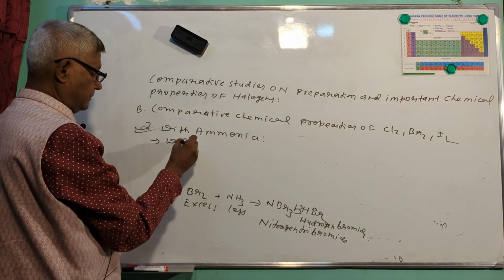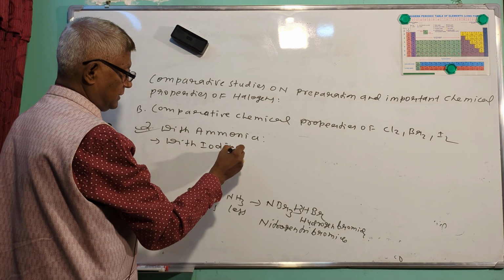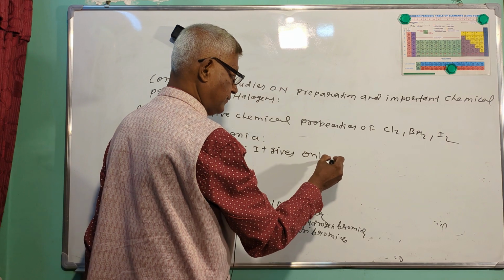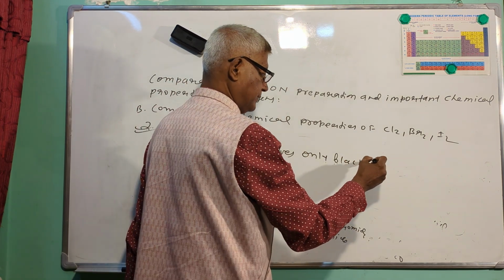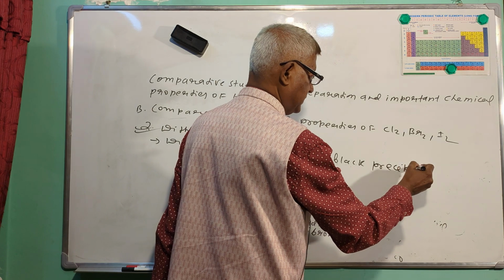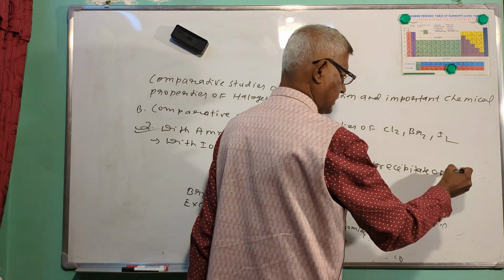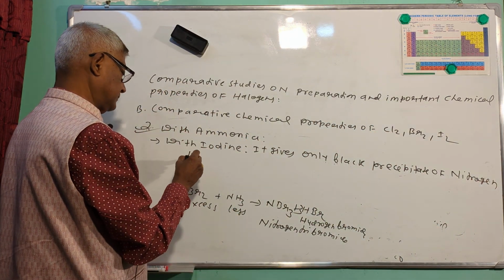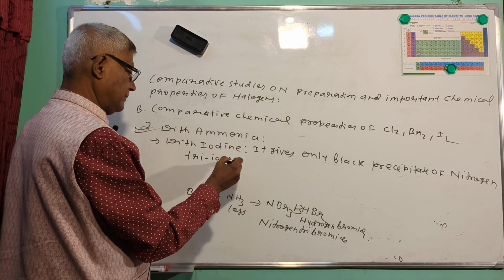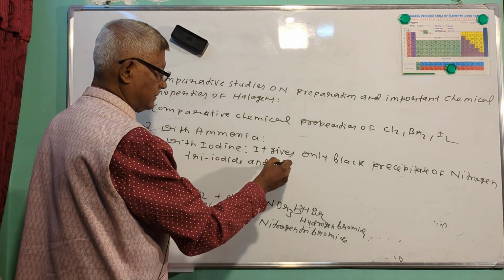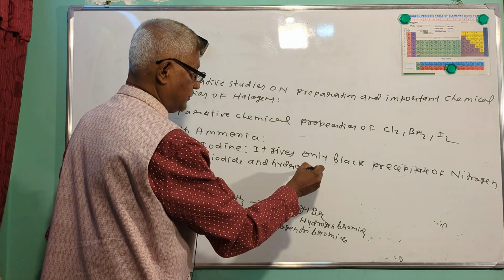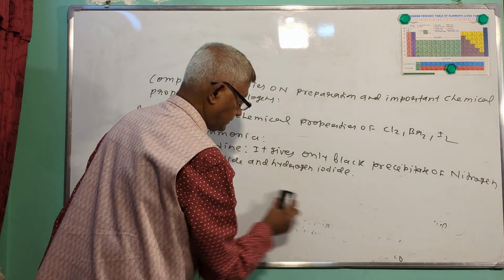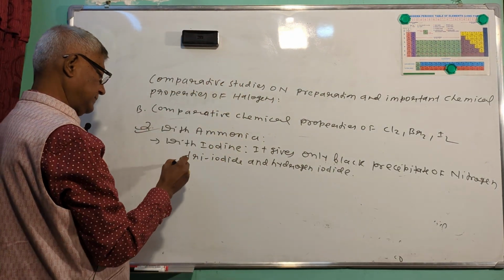Next one is with iodine. It gives only black precipitate, nitrogen triiodide, and hydrogen iodide. So the reaction is like this.